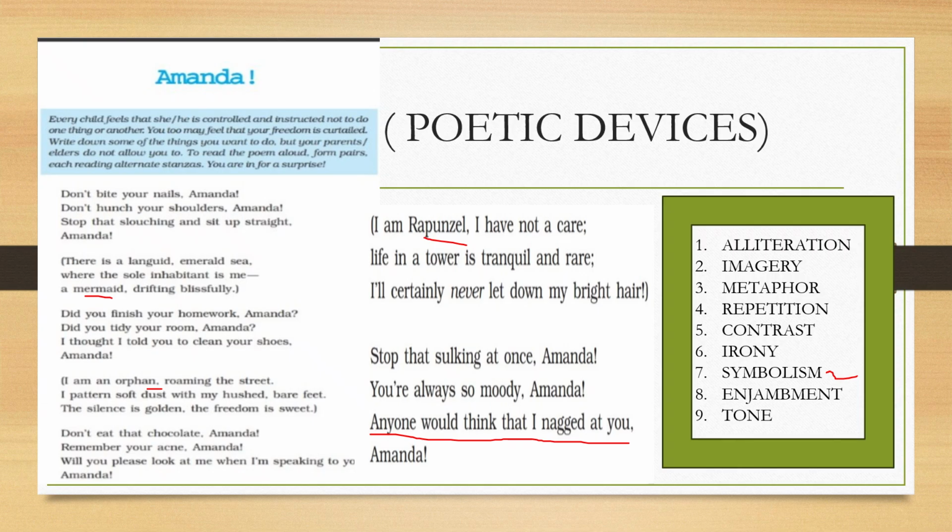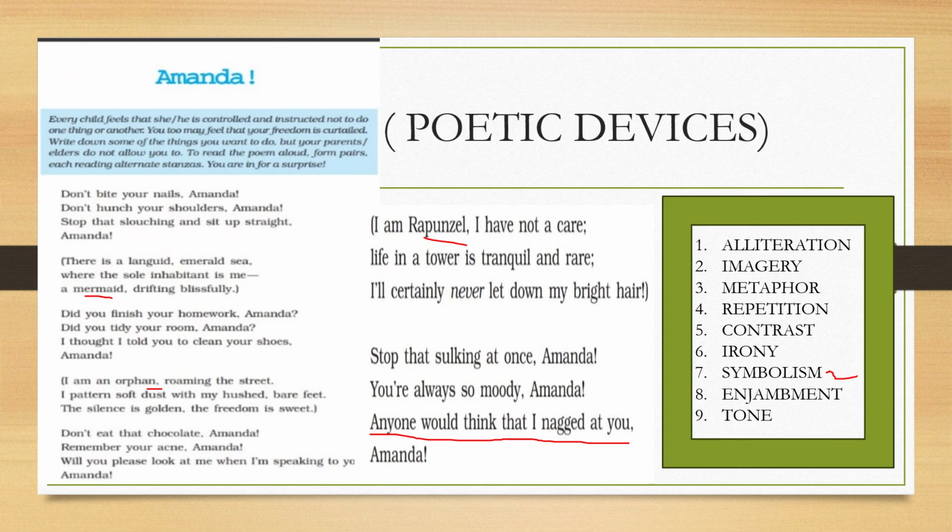Next line, orphan. She was not an orphan, but this word symbolizes complete control over Amanda's life. That's why the poetic device symbolism is here.